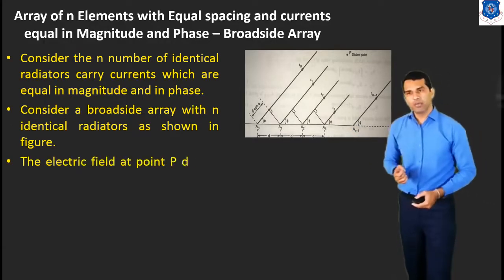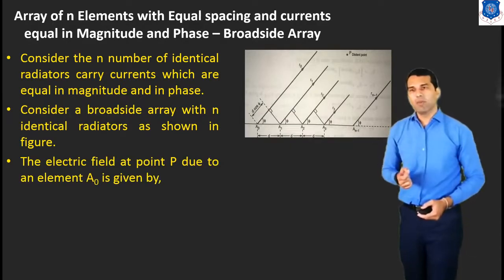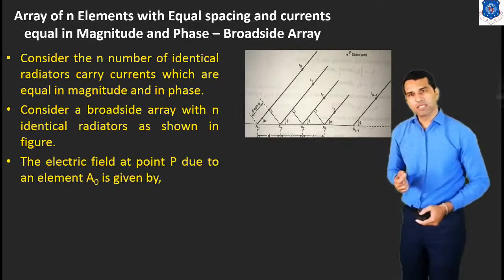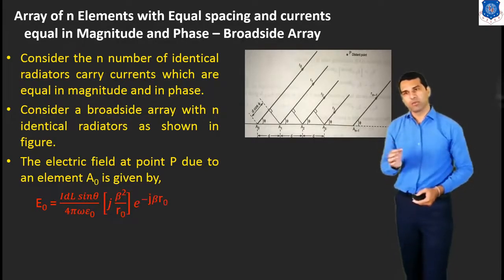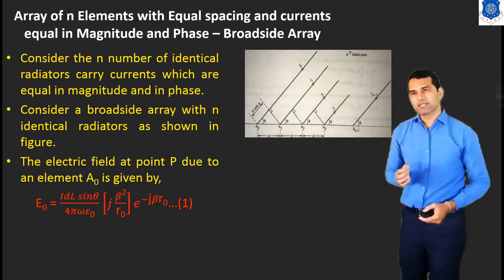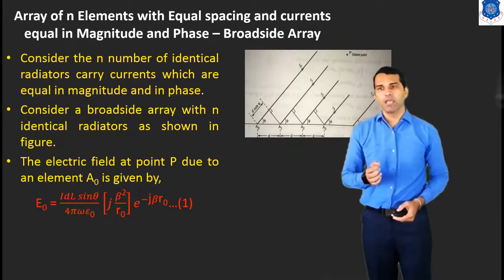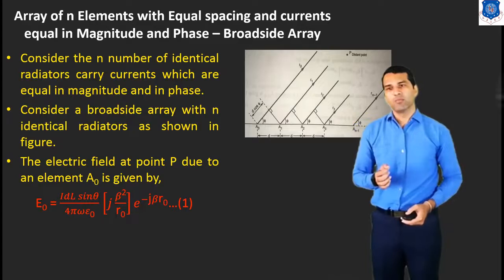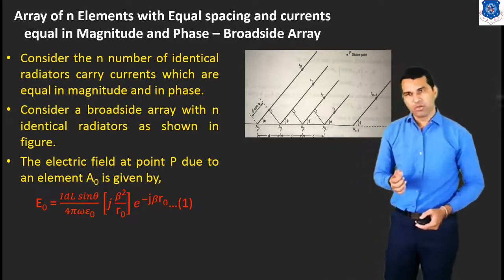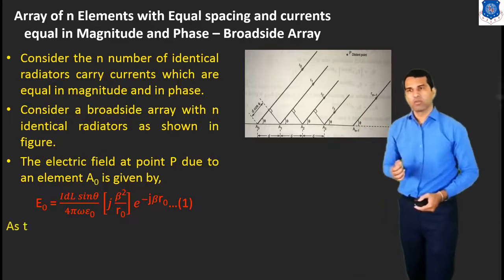The electric field at the point P due to element A0 is given by E0 = (I dl sin theta / 4 pi omega epsilon 0) j beta squared / r0 e raised to minus j beta r0, for the A0 component.